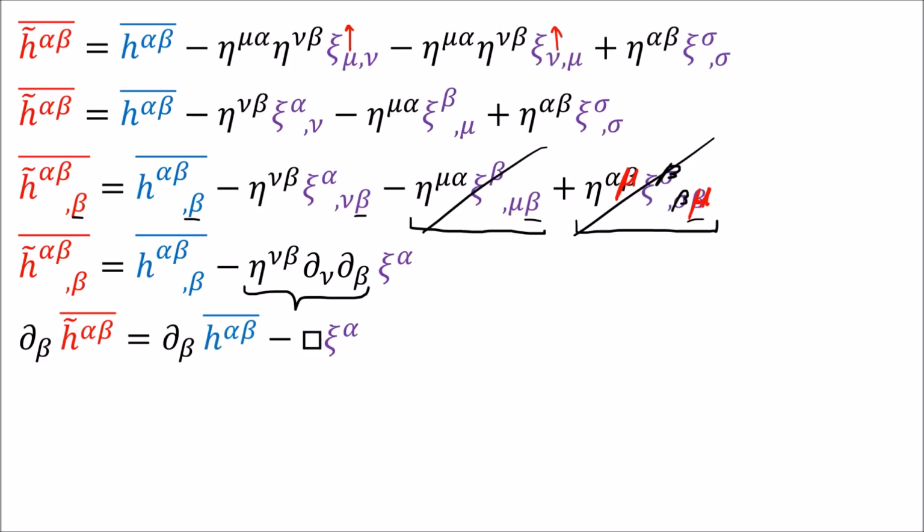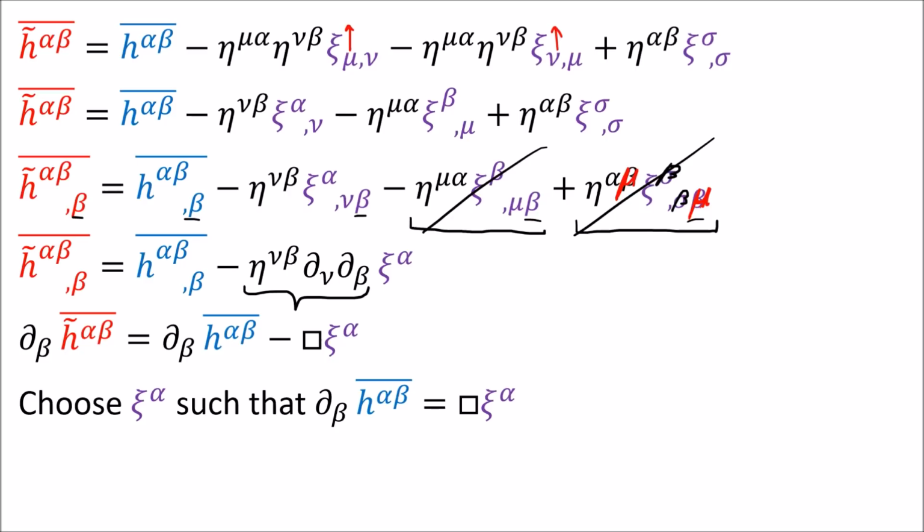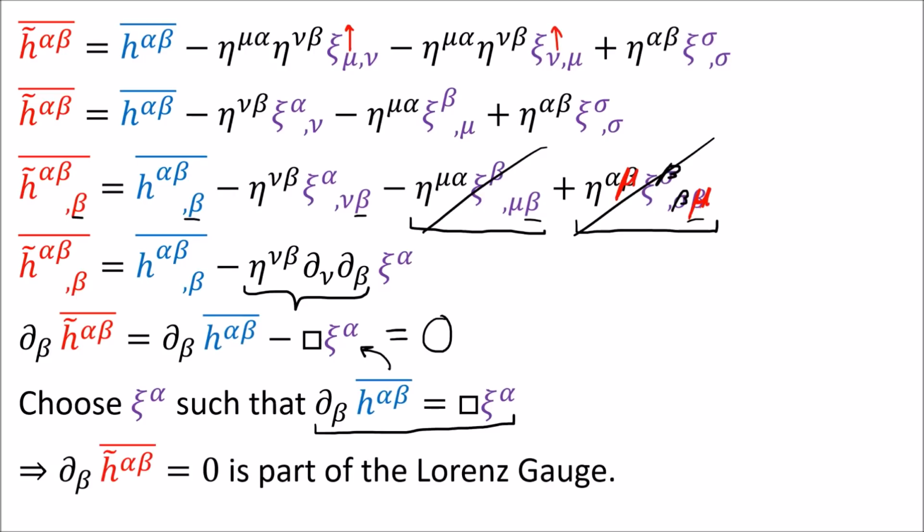And if we change from comma notation to partial derivative notation, this just becomes the square D'Alembert operator. So if we're in a coordinate system with a given h bar, and we choose a displacement field psi that has this property, that this partial summed with the raised h bar components is equal to the D'Alembertian of psi, this would mean that the right-hand side of the above equation goes to 0, meaning that the new tilde coordinate system satisfies the condition for the Lorenz gauge coordinate system.